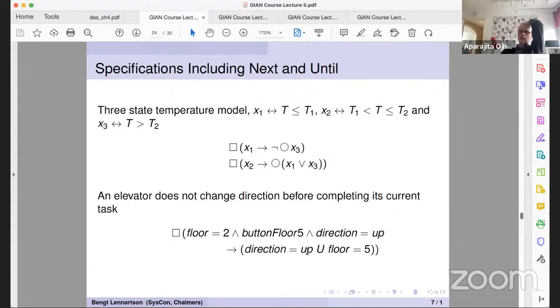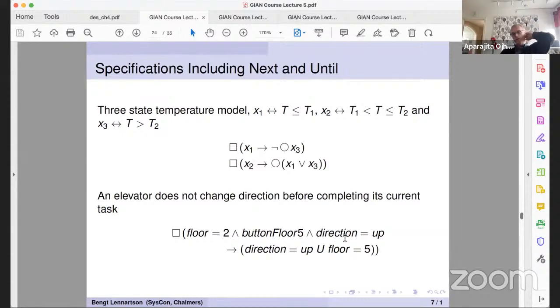You must guarantee that if you have asked for button floor 5, then you should also reach that rather soon. And one specification on that is that if you have started direction up, then you must continue that until you have reached floor 5.